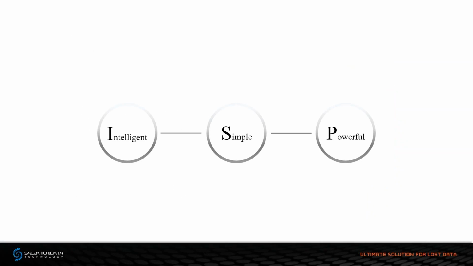Our original idea and final objective of Smartphone Forensic Professional is based on 3 principles: intelligent, simple, and powerful. Intelligent. The SPF Pro should be able to have intelligent judgment and can instruct the user what is the best solution to his problem. Simple.